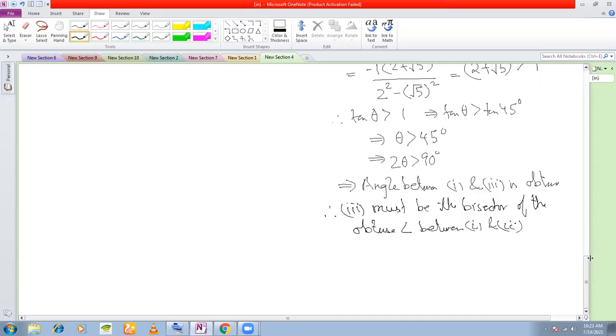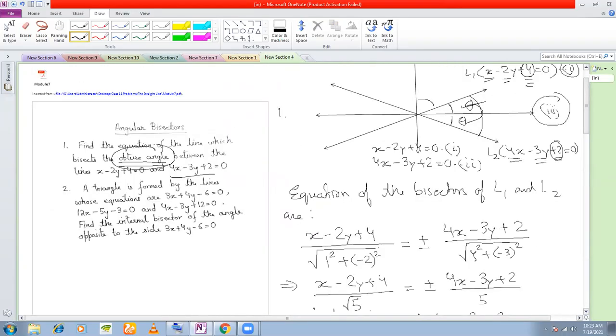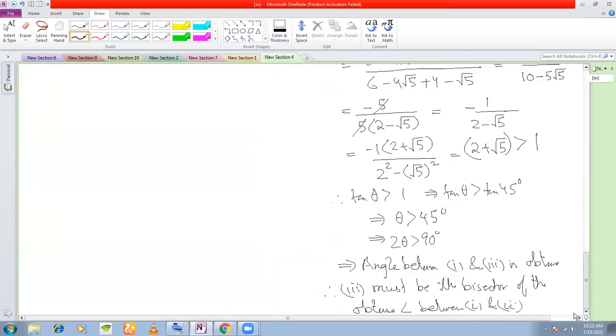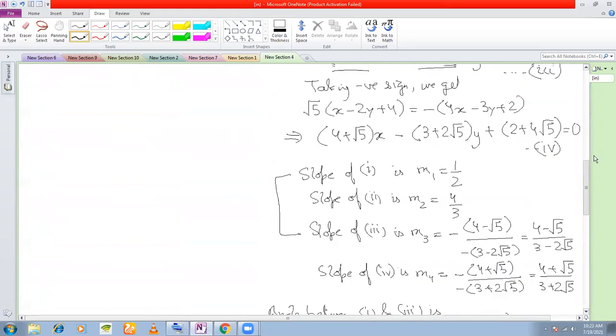So, what is the question here? Find the bisector of the obtuse angle, right? So therefore, hence, which is the required bisector? Which one is the equation number 3?